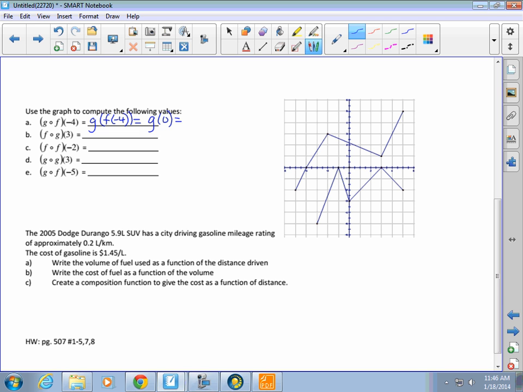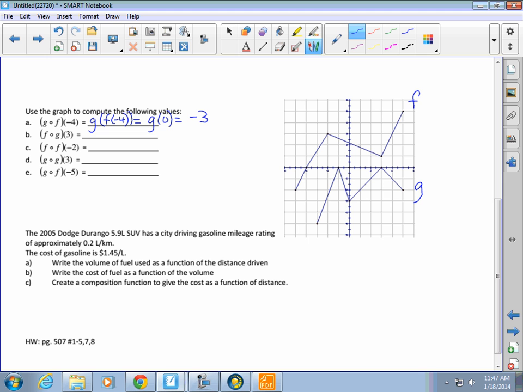Sorry, I guess you need to know which graph is which. This is the f graph, and this is the g graph. So g of 0: when x is 0, what is my y value? This is at negative 3.